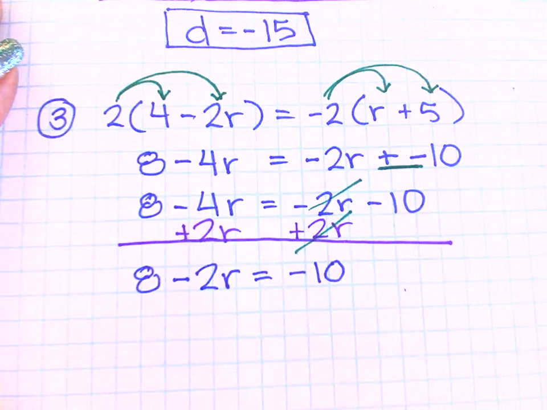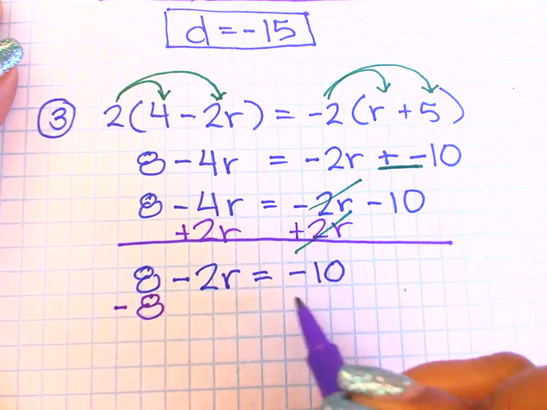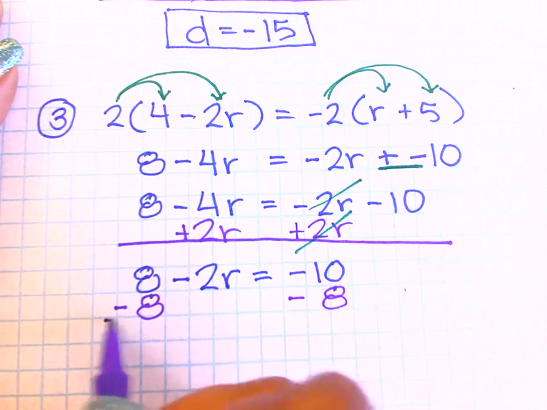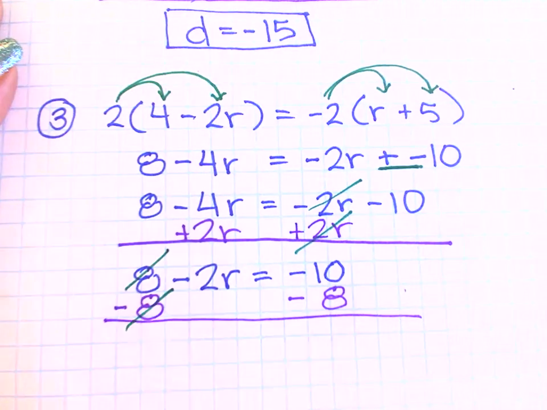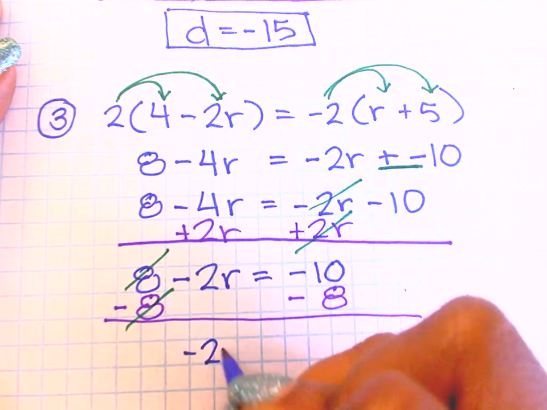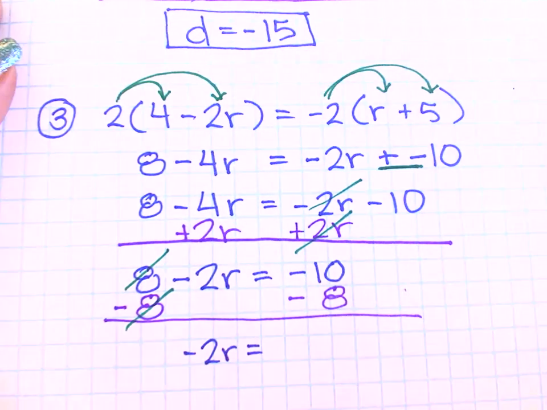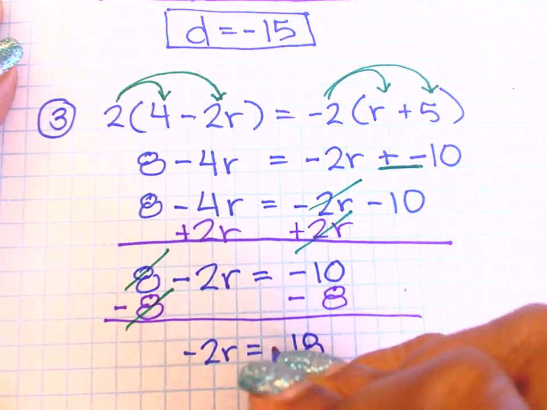Okay, now I need to get r by itself, so I'm going to subtract 8 on both sides. That's a positive 8. So I'm going to subtract 8 on both sides. My 8's cancel, and I'm left with negative 2r on the left-hand side, equals negative 10 minus 8. Same signs, add, and keep the sign.